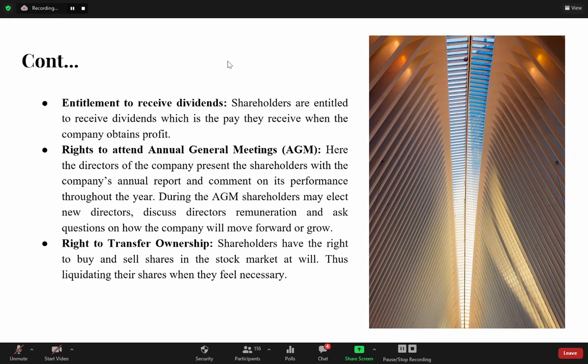So you can buy through the secondary market, or sometimes you can acquire shares when you are given them as a gift or you have inherited them. No, I mean it's not the secondary market, but that's another way of becoming a shareholder.